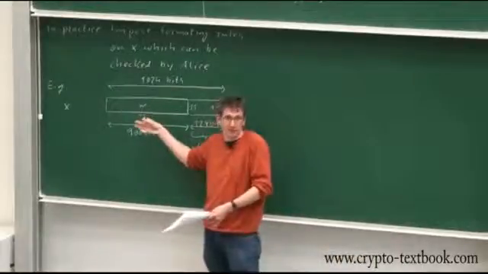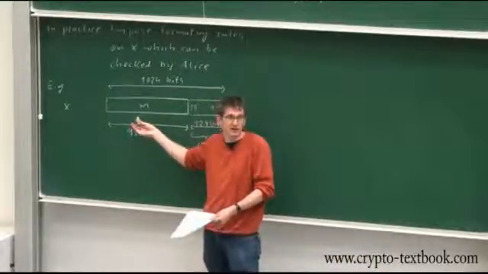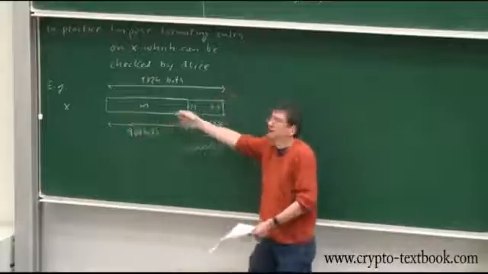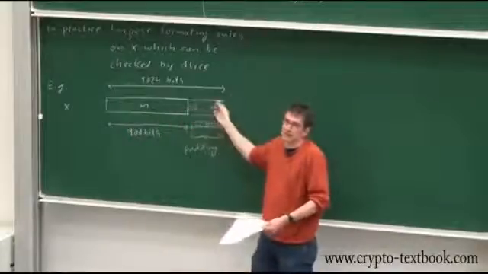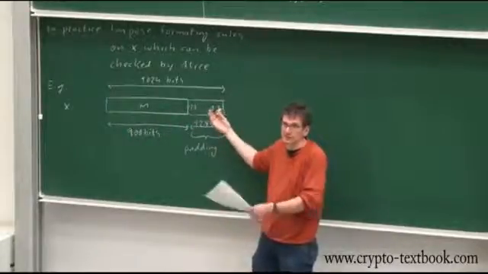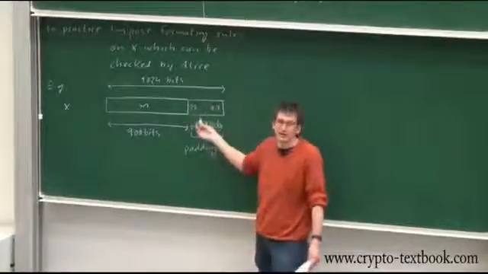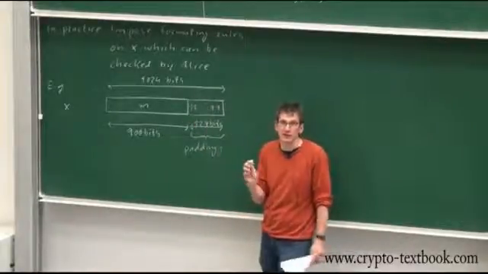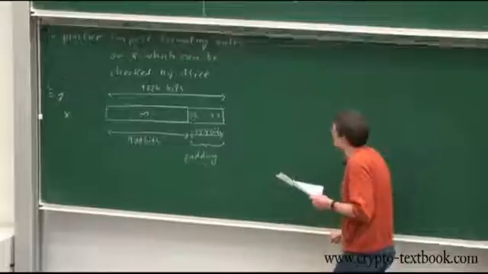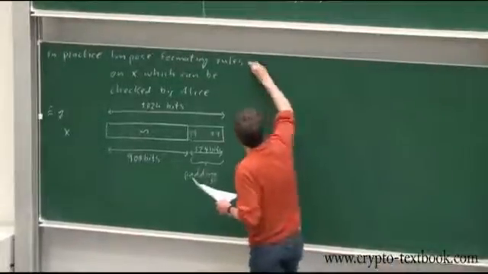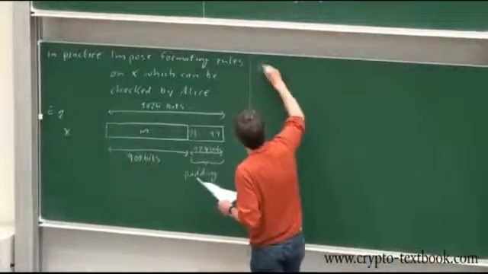900 bits, whatever, the payload, what you actually want to encrypt, what you want to sign. We don't care what that is, but the trailing bits, the last bits, what is it? LSB bits, least significant bits, are all ones. Okay? Now, if this is a formatting rule, Oscar has the following problem.